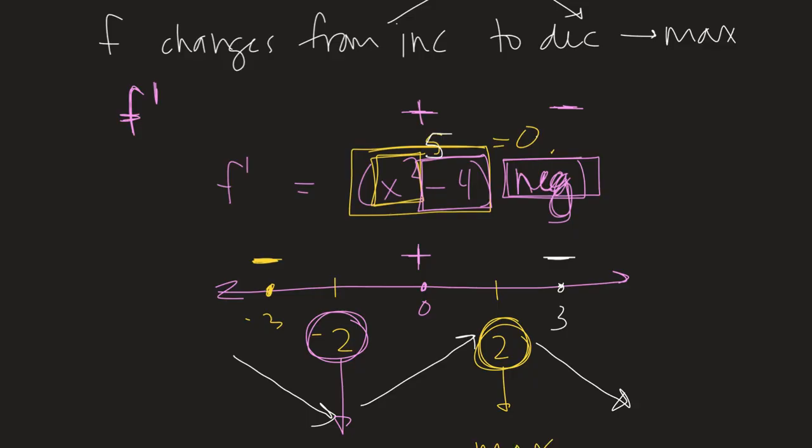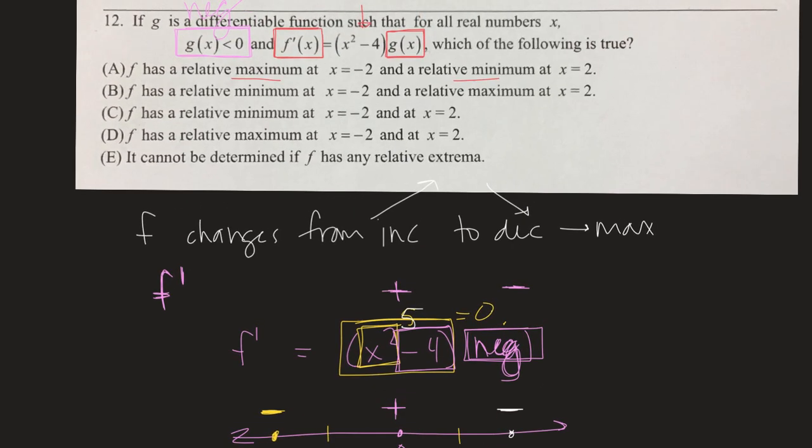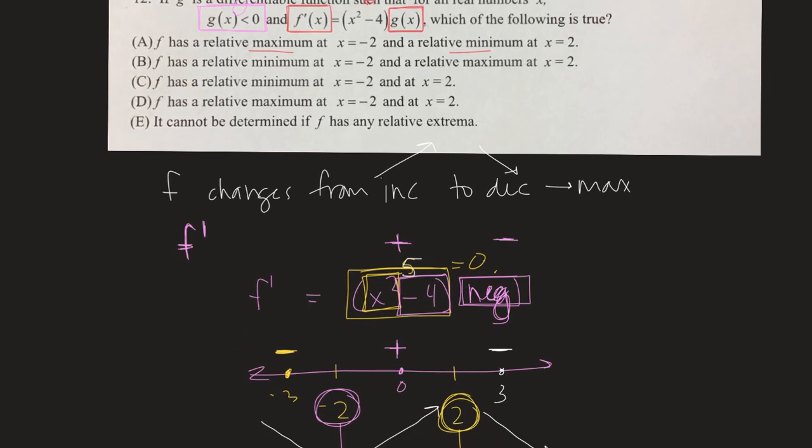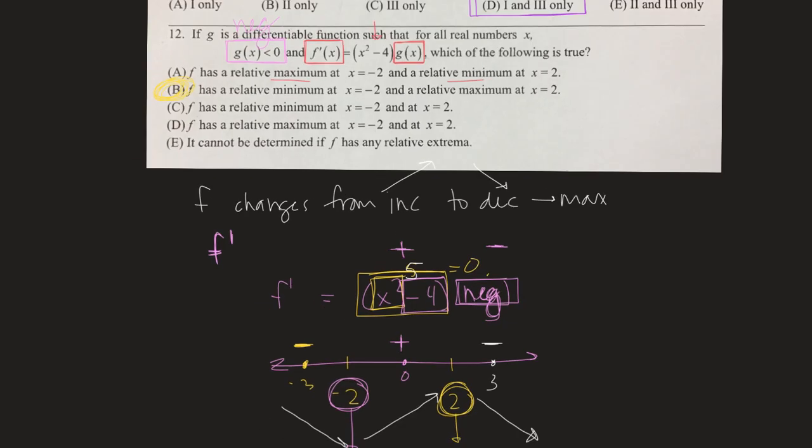A minimum at negative 2, because our derivative changes from negative to positive, and a maximum at positive 2, because our derivative sign changes from positive to negative. So let's see what option that is. That option is B, relative min at negative 2 and a relative max at positive 2.